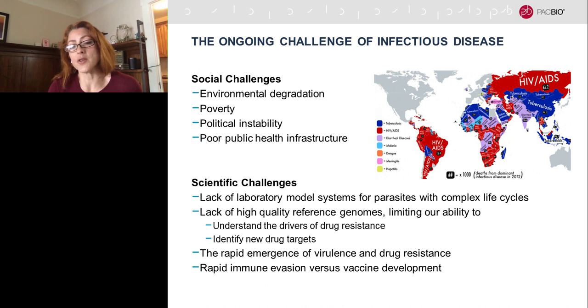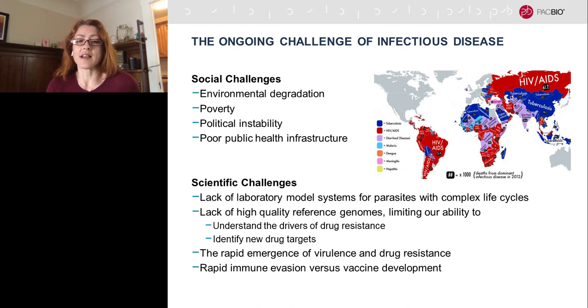Those would include lack of laboratory model systems for parasites with complex life cycles, but also things like the lack of a high quality reference genome, which limits our ability to understand the drivers of drug resistance and also to identify new targets. In addition to that, it can make it challenging to understand how parasites or other vectors of infectious disease are able to evade the immune system.